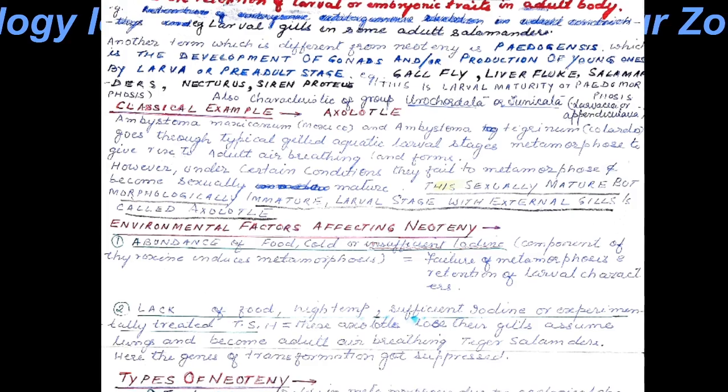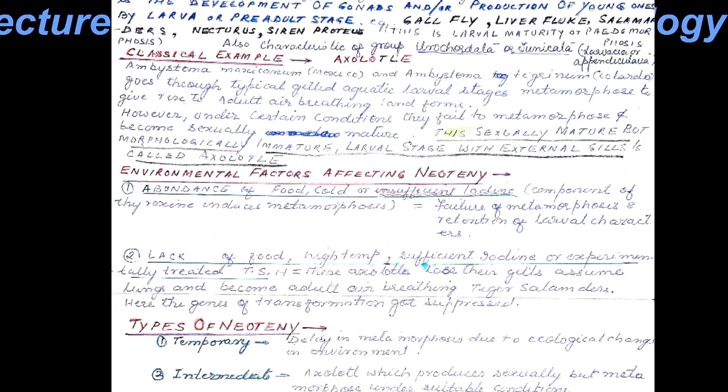Now, what are the environmental factors which affect neoteny, which is retention of the larval characters in the adult forms? The prime reasons are abundance of food, presence of cold conditions, and insufficient iodine in the environment in the vicinity of the animals.